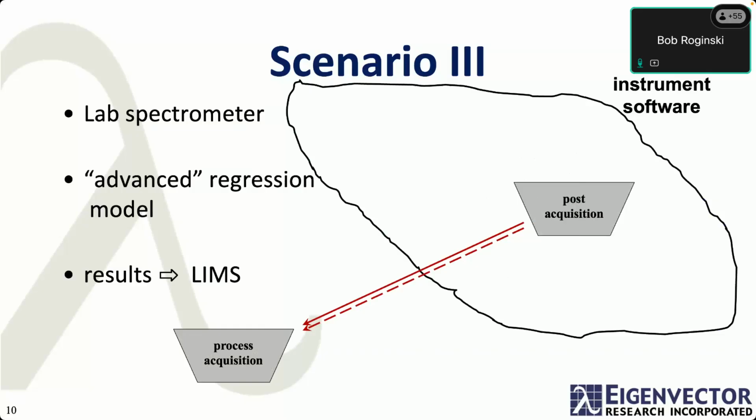An example of that would be after the instrument software does a measurement and stores it in a folder somewhere on that computer or on the network, the software that applies the model to the data might be watching over that folder for new files to show up, and that'll trigger an automatic application of the model to that data.